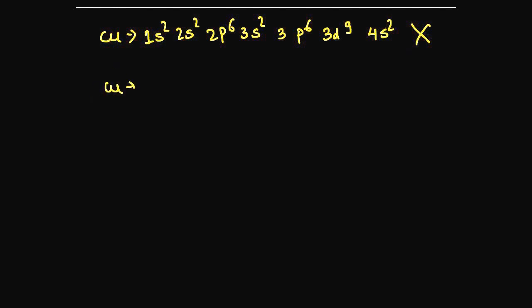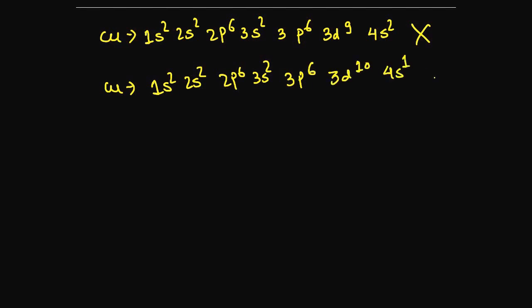The correct electron configuration of copper is 1s2, 2s2, 2p6, 3s2, 3p6, 3d10, and 4s1.